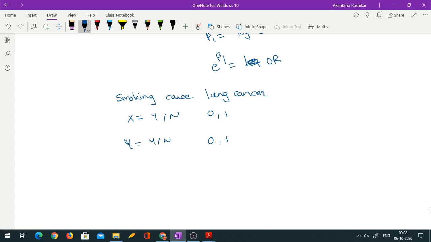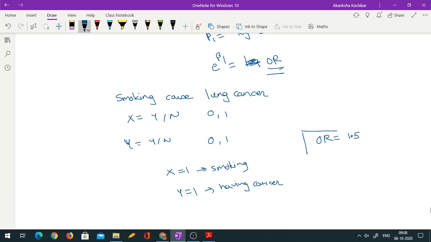So this odds ratio will tell me whether smoking increases the chances of lung cancer. So if you denote smoking as 1, so x equal to 1 means smoking and y equal to 1 means having cancer, that is my terminology. And suppose the odds ratio is equal to say 1.5. Then I would be concluding that the odds of getting cancer for a smoker are 1.5 times more than for a person who doesn't smoke.